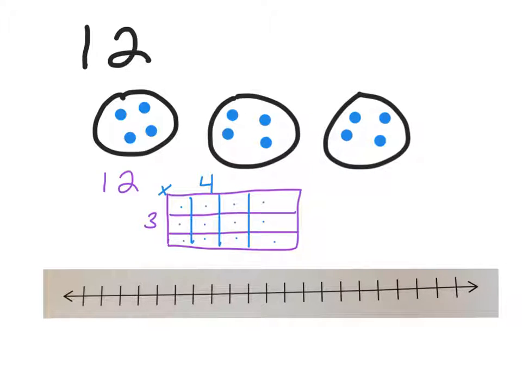So we start at a starting point and we go by threes. So 1 3, 2 3s, 3 3s, 4 3s. So there's lots of different ways to show 12 visually.